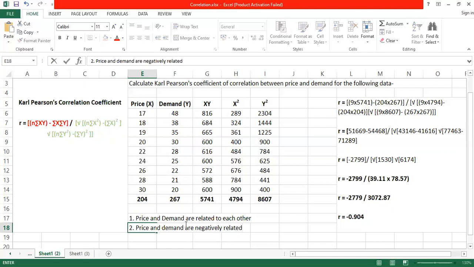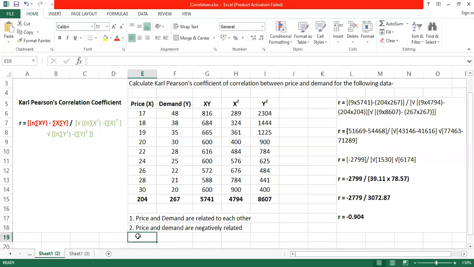See why I have written price and demand are related to each other, because the value of R is not zero, right? So that is why they are related to each other. Now, since the value of R has come with a negative sign, that is why price and demand are negatively related. Now, what is the meaning of negatively related? It means the movement of both the variables will be opposite. That means if price increases, demand will decrease. If price decreases, demand will increase, and vice versa, right?